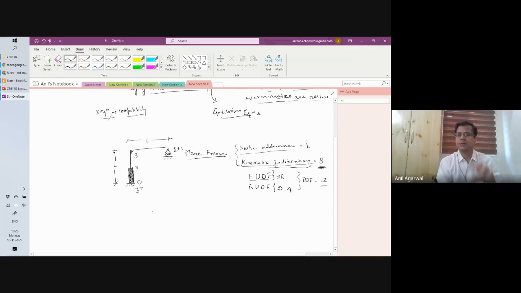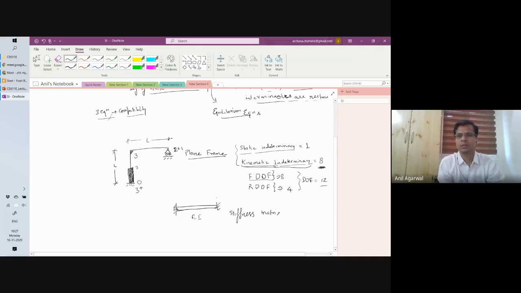So if you remember the stiffness matrix from your earlier classes, we had derived the expressions during your BTech and earlier courses. We had derived the expression for the stiffness matrix. So if it's a frame member or a beam member, it was defined as EI being constant and the member being straight.